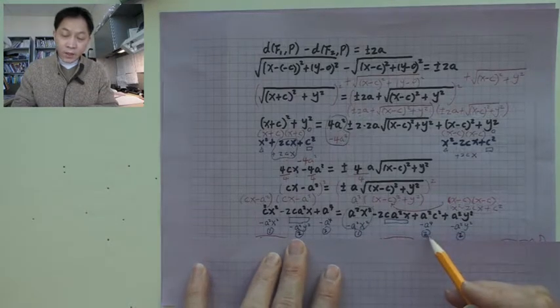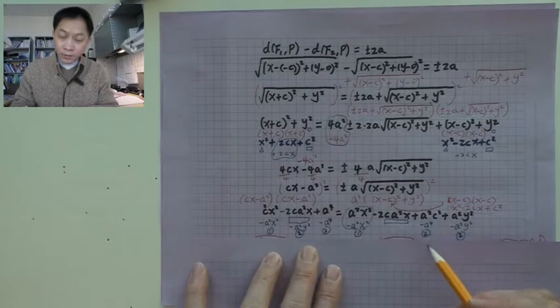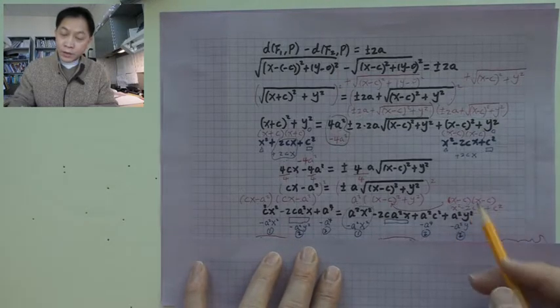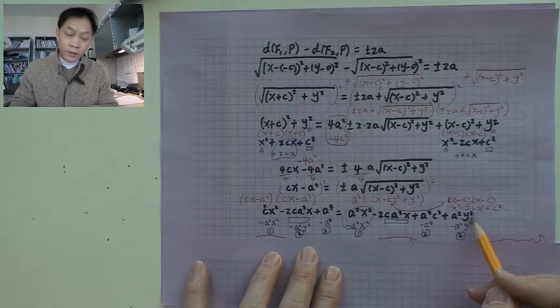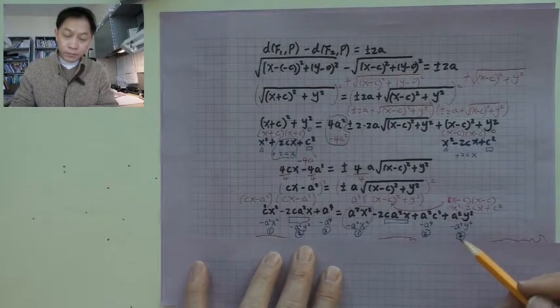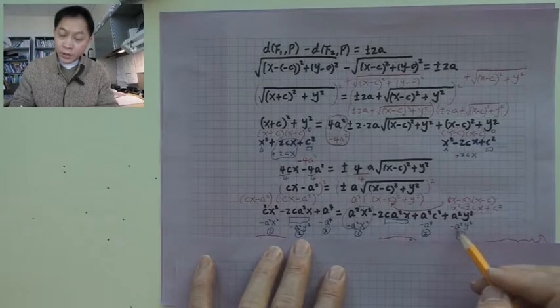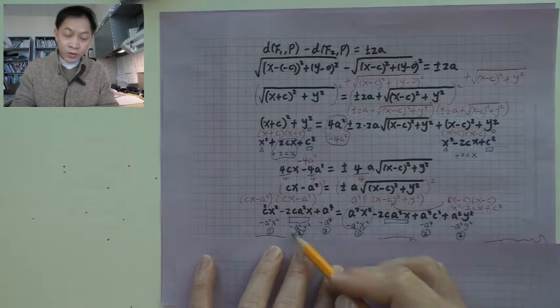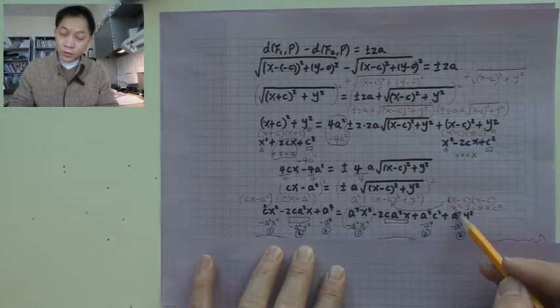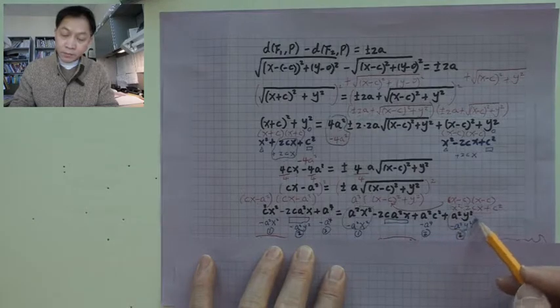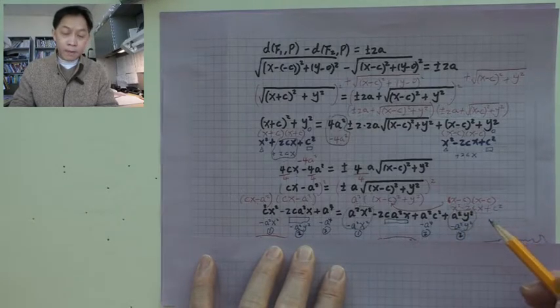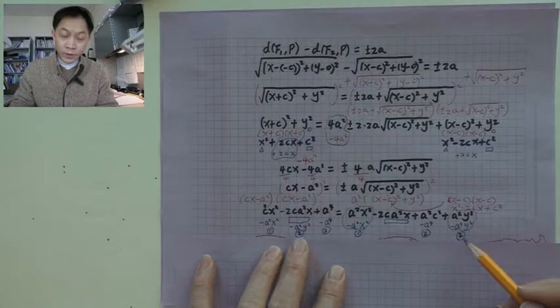The second thing I like to do is I like to take a squared y squared to the left. Okay, so I like to do minus a squared y squared on both sides. So these two will cancel each other.